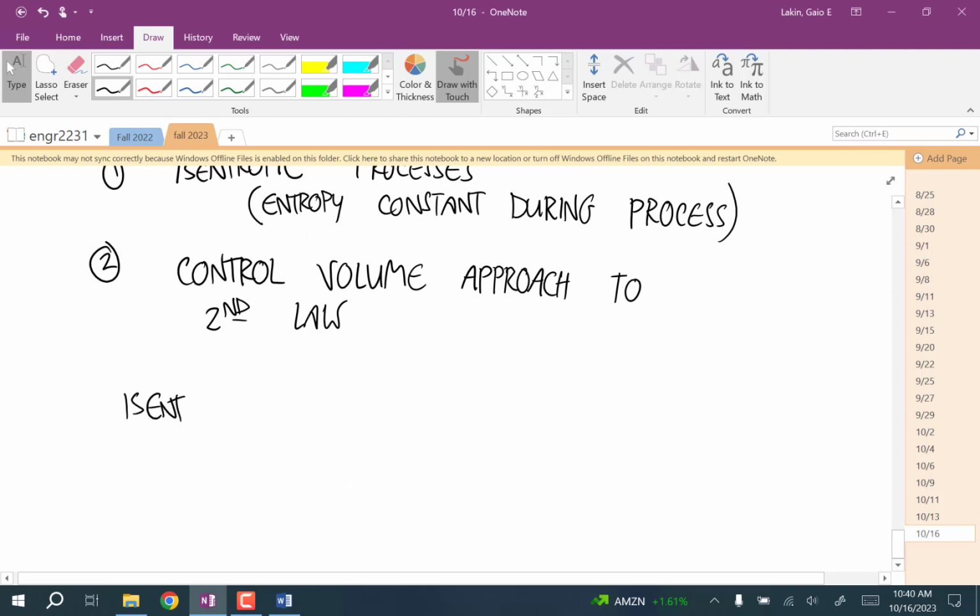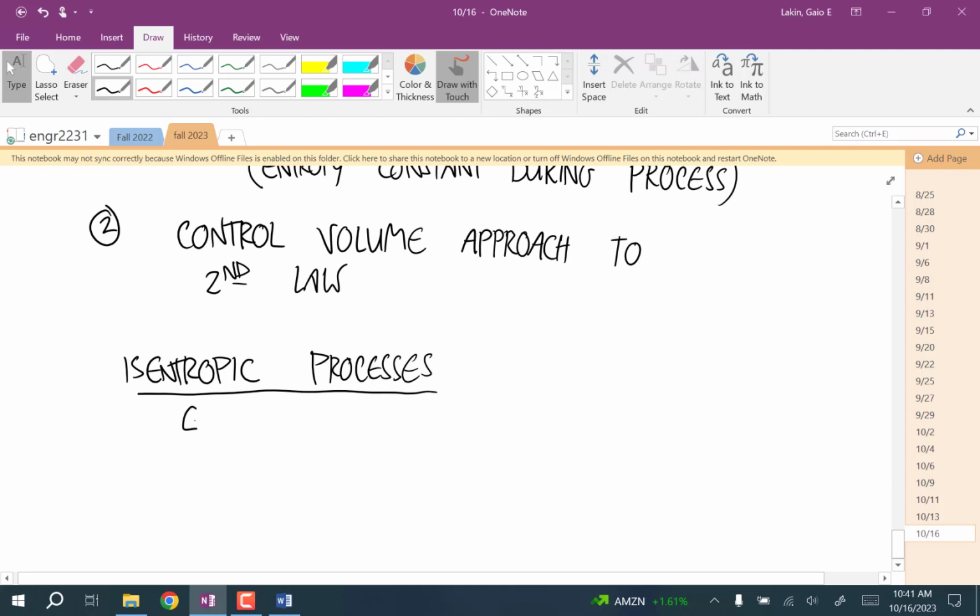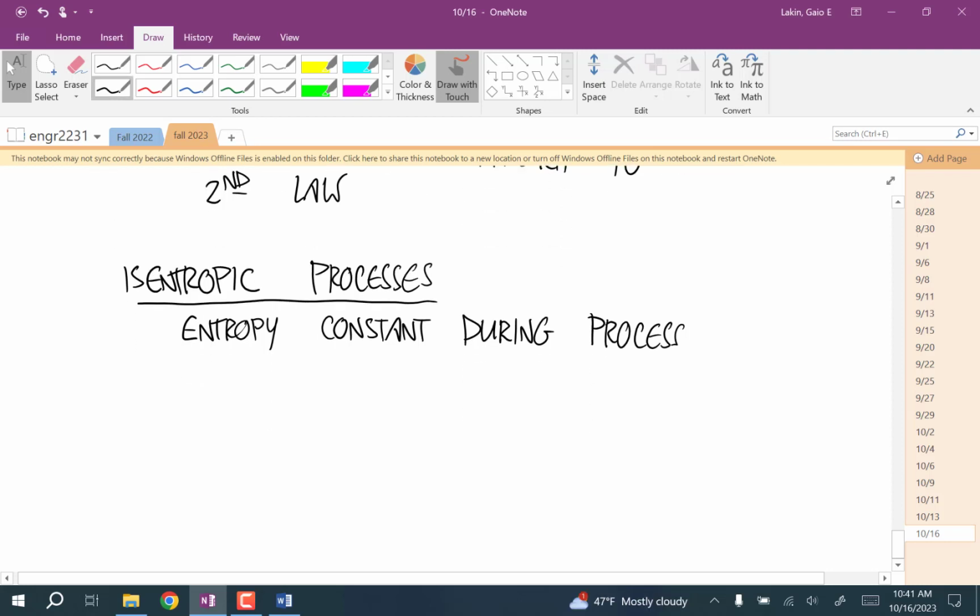Okay, so first, isentropic processes. So this is where entropy stays constant over the process. And the requirements for that. So if you want to know whether something is isentropic, this is what determines it.